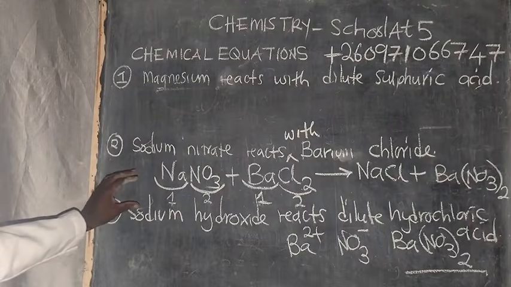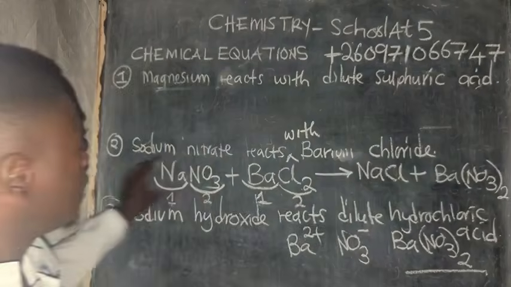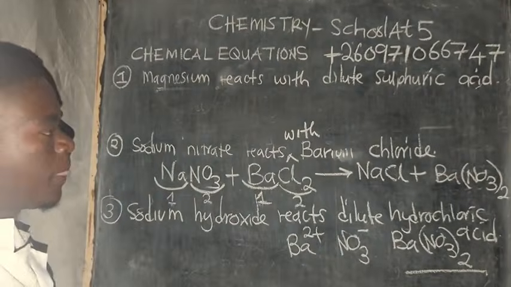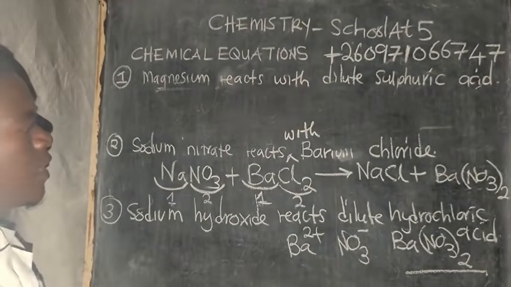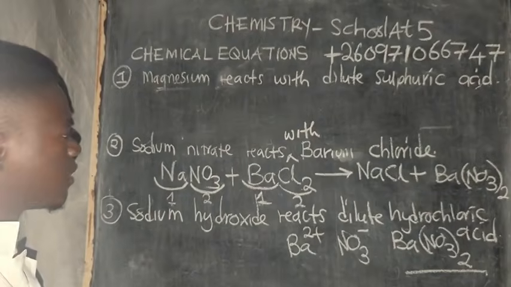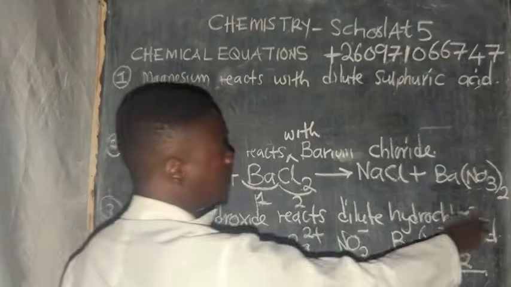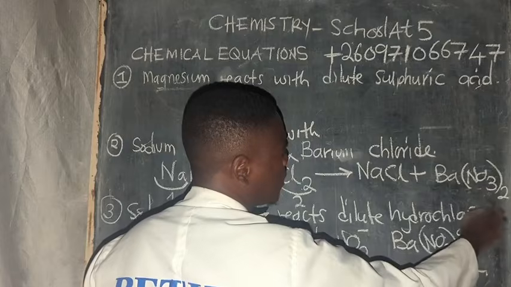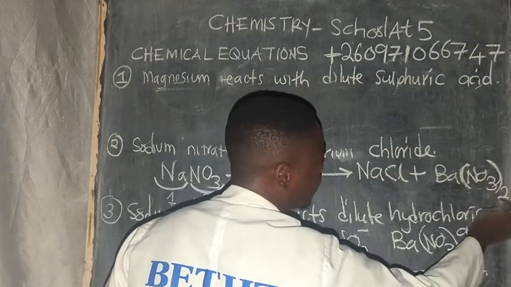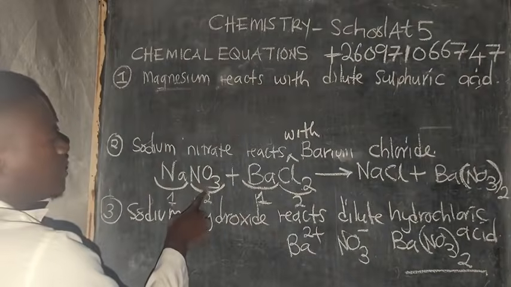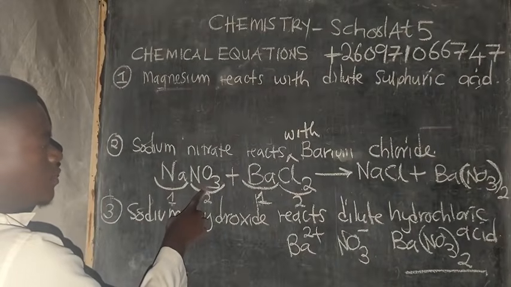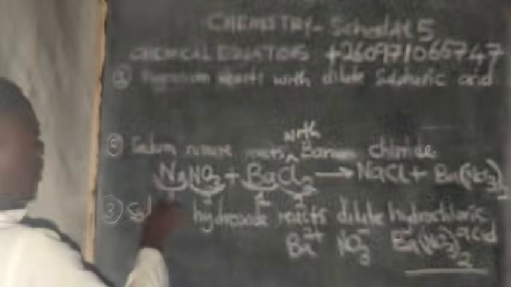So this is a chemical equation that I've written here. Now you balance it. In which way are you going to balance this? You check. This side, nitrate is 2. This nitrate is having a 2 here, but this nitrate is having a 1. So you put a 2 here.